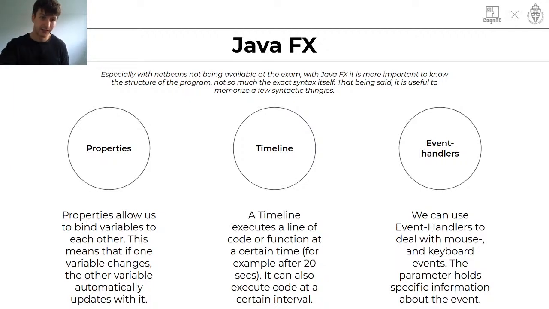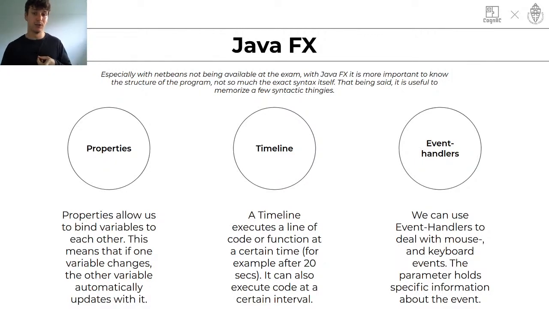That being said, the things that are most important for JavaFX and the thing that you probably will get questioned about, if you will get a question, definitely properties. So the ability to bind variables to each other, meaning that if one variable changes, the other variable changes.